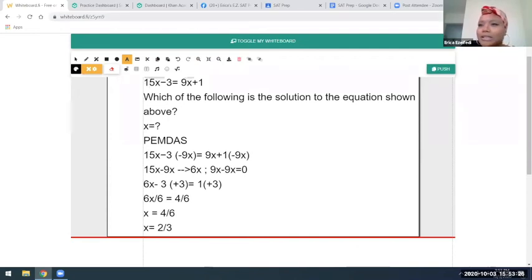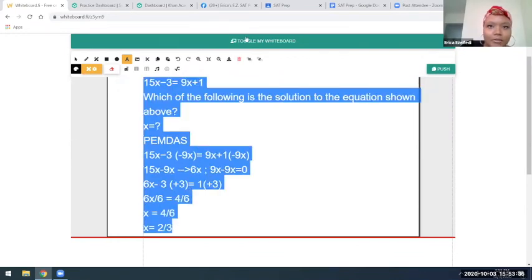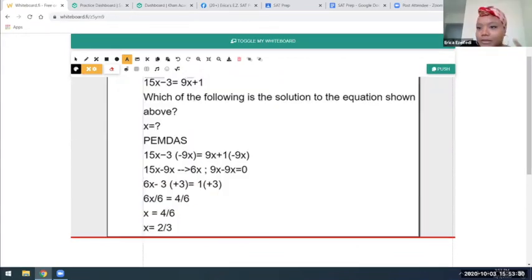I can't see everyone's thing at once. Let's see. Just copy this. I'm going to stop sharing my screen for 1 second.